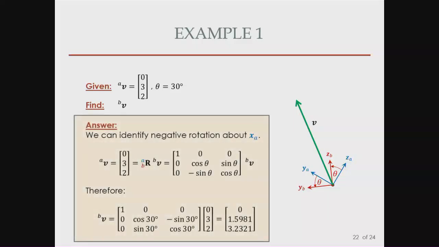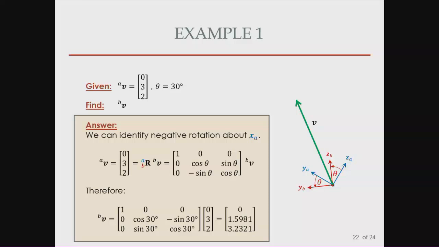So this is the negative rotation about x. And you can construct this equation as this rotation matrix times the representation of the vector in frame B gives you the representation of the vector in frame A, which you know as given 0, 3, 2. So does this equation make sense? Guys, does it make sense?